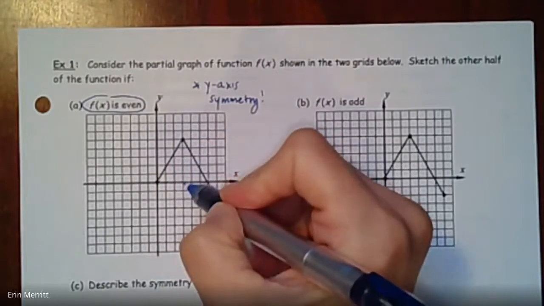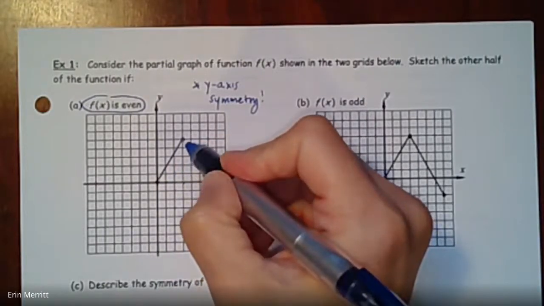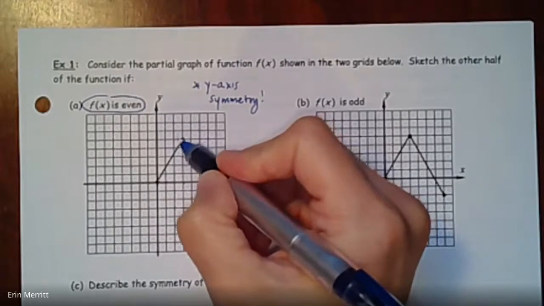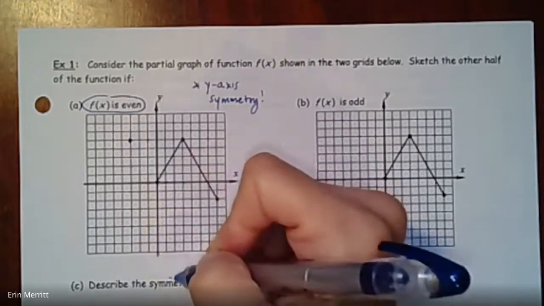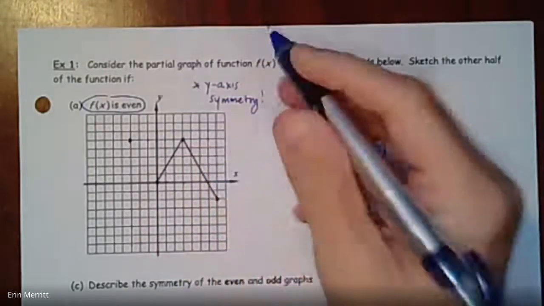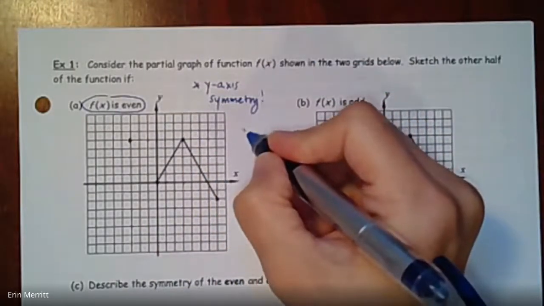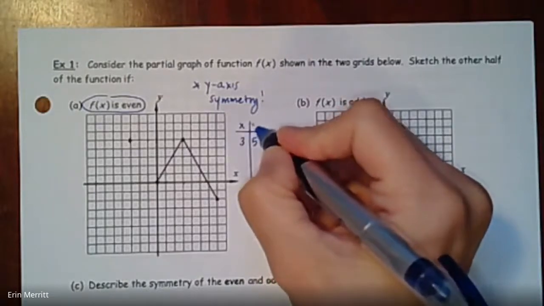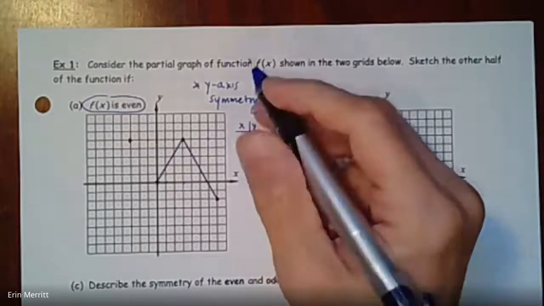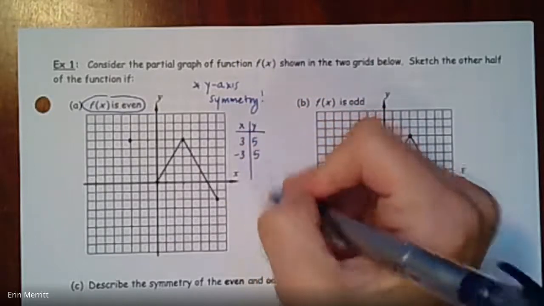The point 1, 2, 3, 1, 2, 3, 4, 5 would then pop over and land over here. Right? Or you could say the point 3, 5 means I also need to have the point -3, 5.